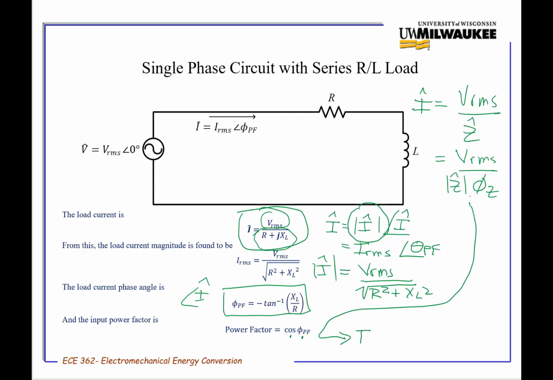So moving the angle from the denominator into the numerator to find this current expression, we have VRMS over the amplitude Z, and then the angle on the top here becomes a negative angle.